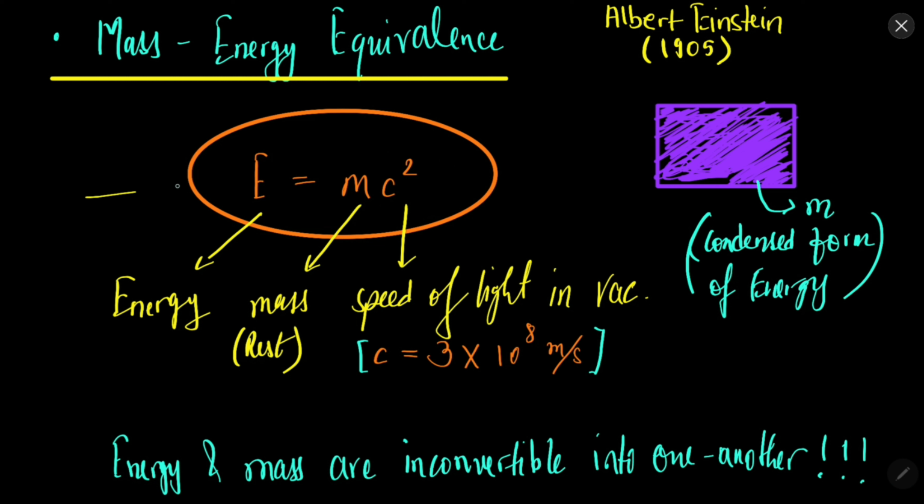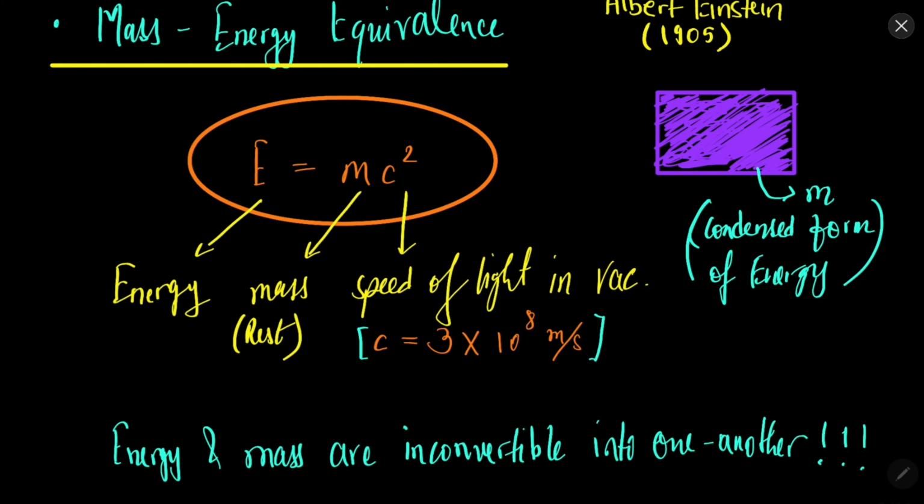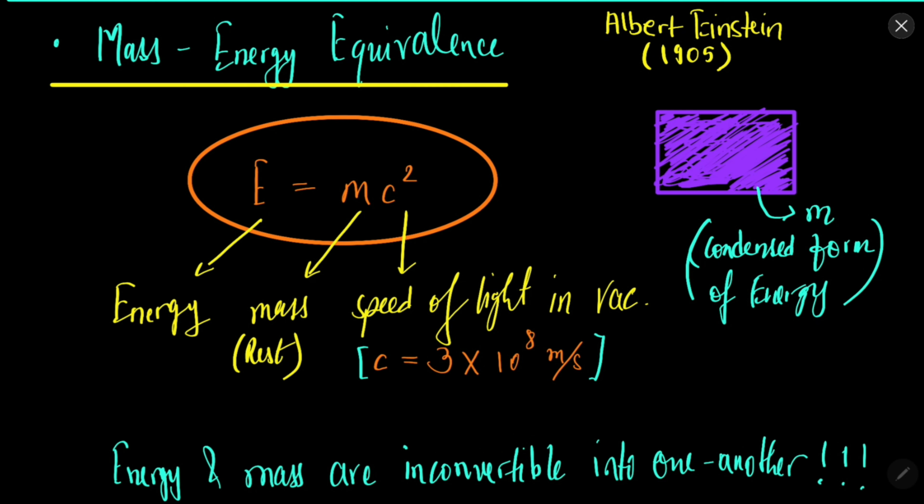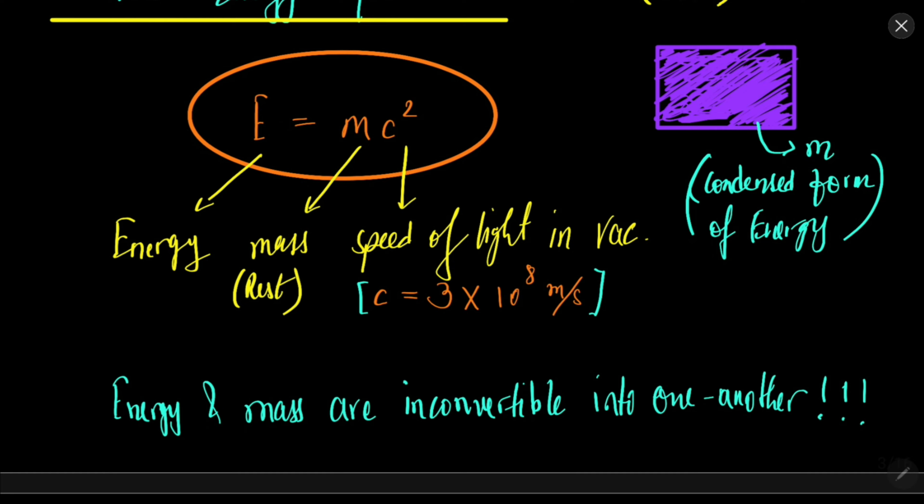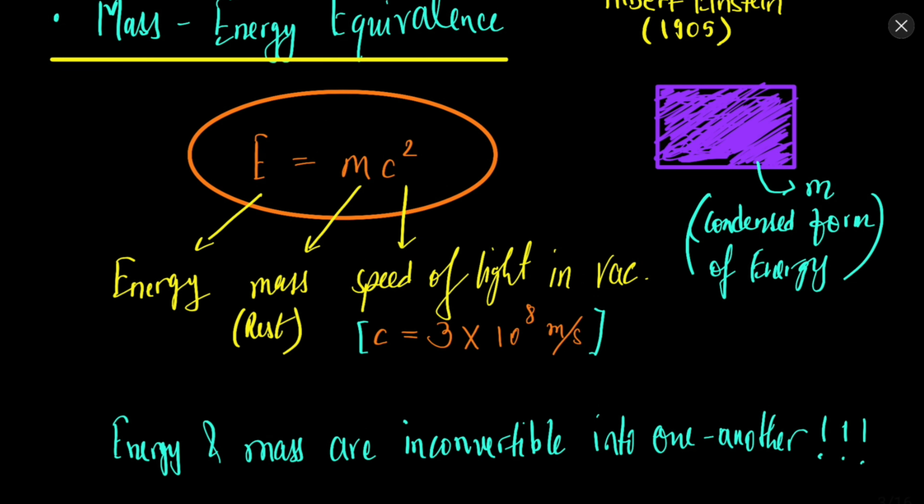So what does this equation say? This equation tells us that the mass of any material can be converted into energy, or energy can be converted into mass. That is, energy and mass are interconvertible into one another.